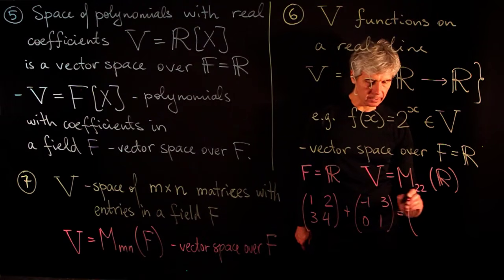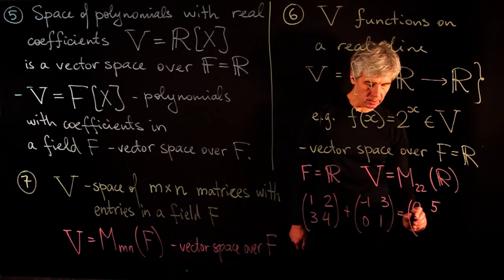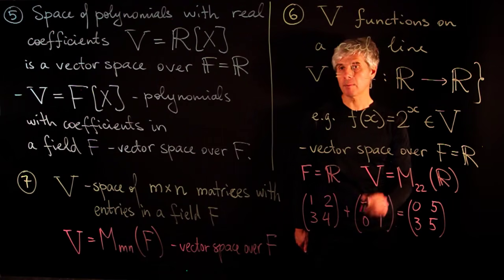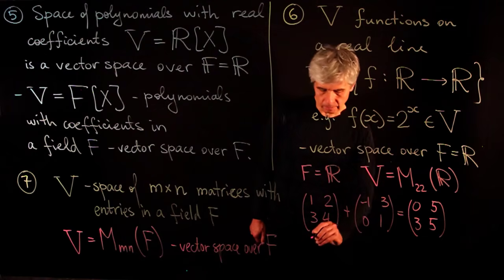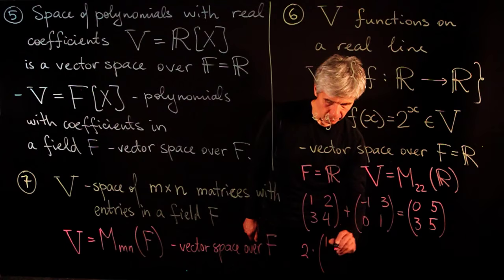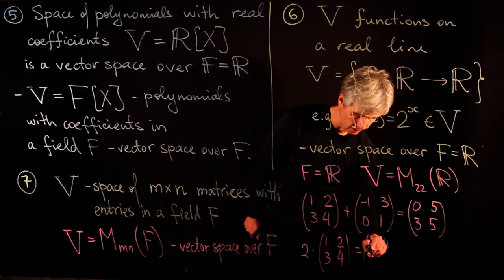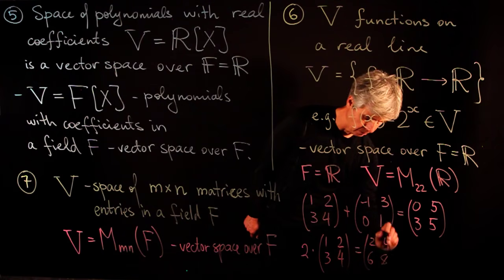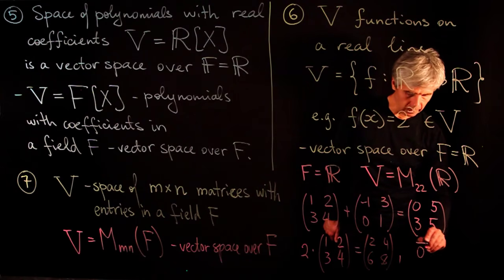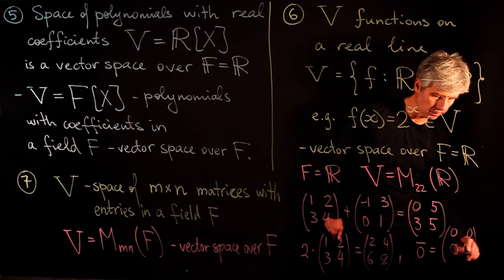So 1 plus -1, that's 0, 2 plus 3, that's 5, 3 plus 0, that's 3, and 4 plus 1, that's 5. So this is how we define the sum of 2 matrices. And we can multiply matrices by scalars. So if I have 2 times [1, 2; 3, 4], then this is [2, 4; 6, 8]. And finally, we have a 0 vector here in this space. So this will be a 2 by 2 matrix with all 0 entries.